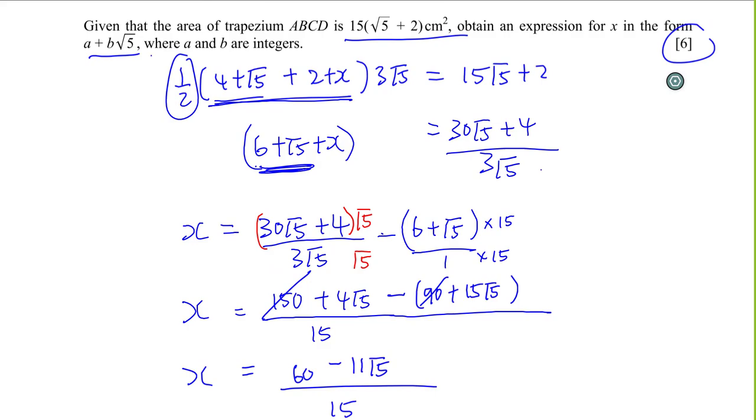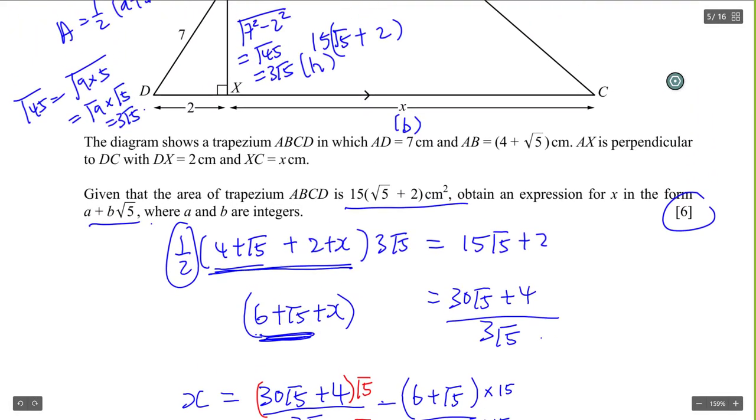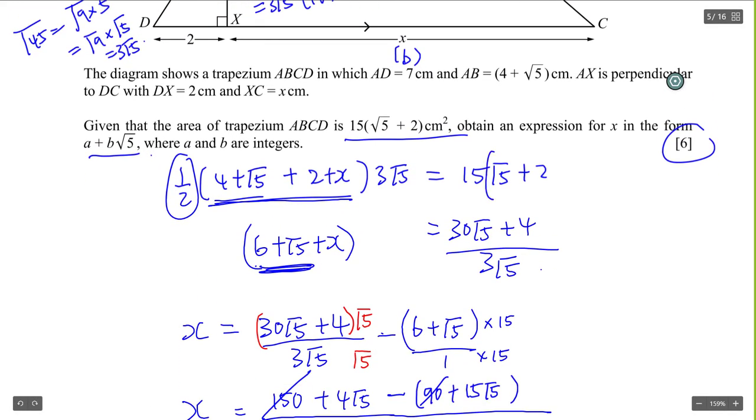No wonder, this one has the bracket. Because I forgot about the bracket, it becomes like 15 surd 5 plus 2. So yeah, I have a chance to redo the whole thing.